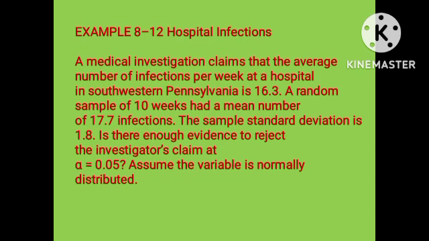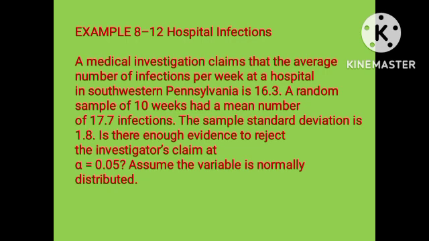I'm going to explain how to solve Example 8, hospital infections. A medical investigation claims that the average number of infections per week at a hospital in southwestern Pennsylvania is 16.3.